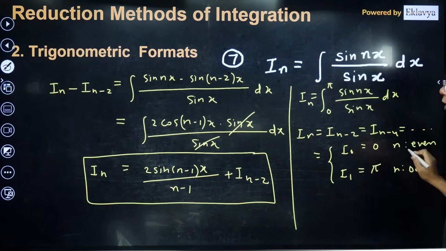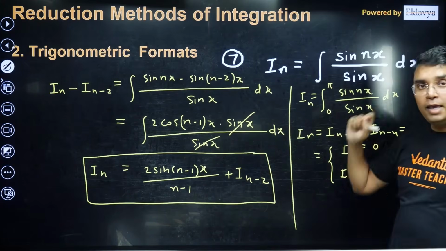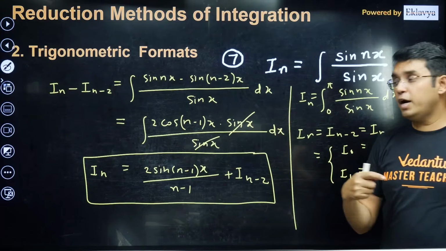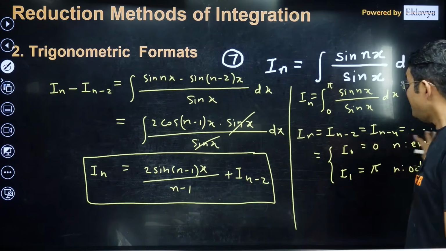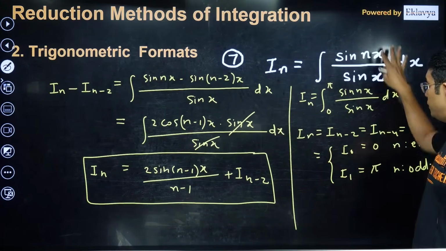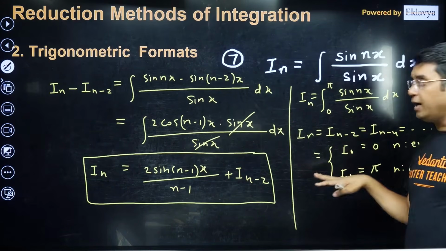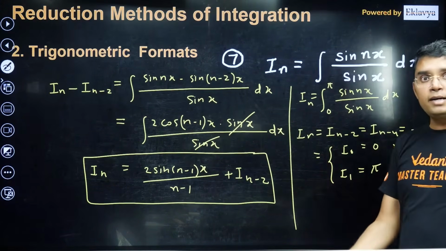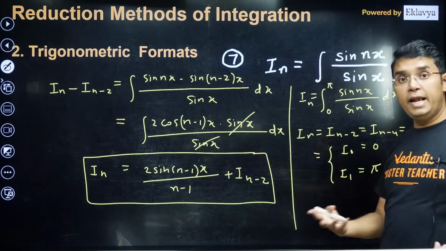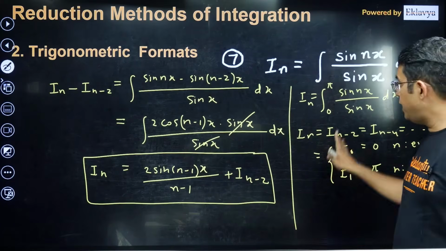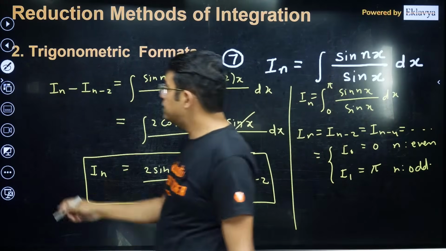In this case, all I n, I n minus 2, I n minus 4, they all will be equal to I naught or I1, you can directly say. So you can conclude what will be the value for general I n. You can talk about I100, also it will be 0. I99 will be pi. I1001 will also be pi. So that way I think we can write the answer for this.